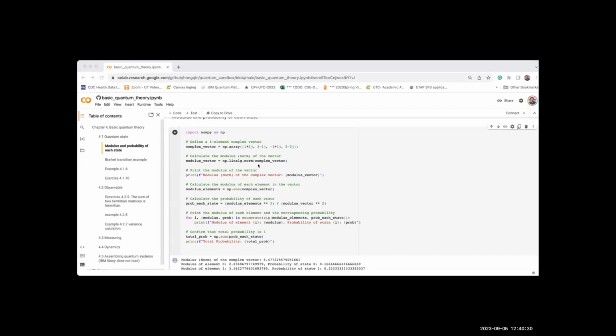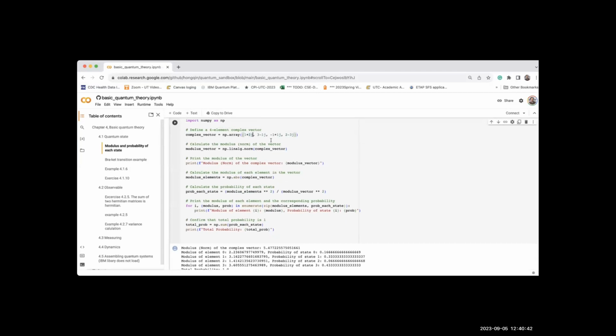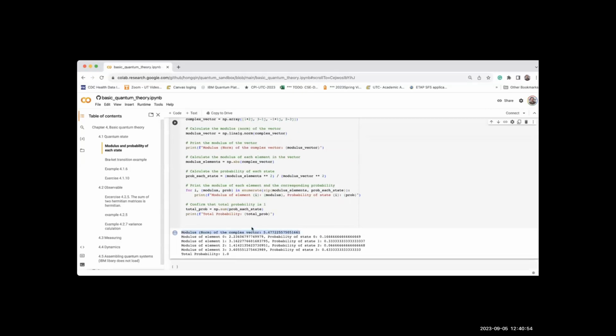Is that from the book? Not exactly, it's just a different vector. It's not a book example, but the same principle will work. First we calculate the entire vector's modulus. The entire vector modulus is 5.47. Then we calculate the modulus of each state, by element.